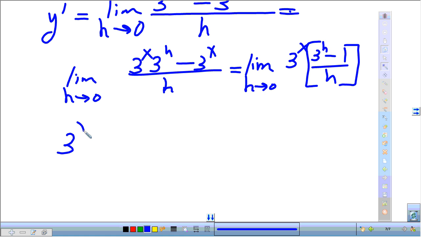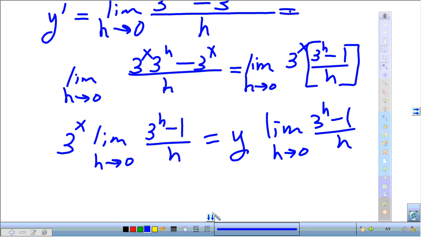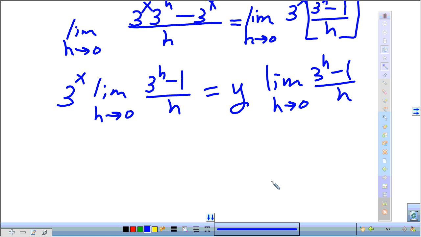So that would be the same effect either before or after we do the limit. And so we end up at this setting where we have the original function, 3 to the x, times a particular limit. This limit is independent of the value of the x, whatever it is.